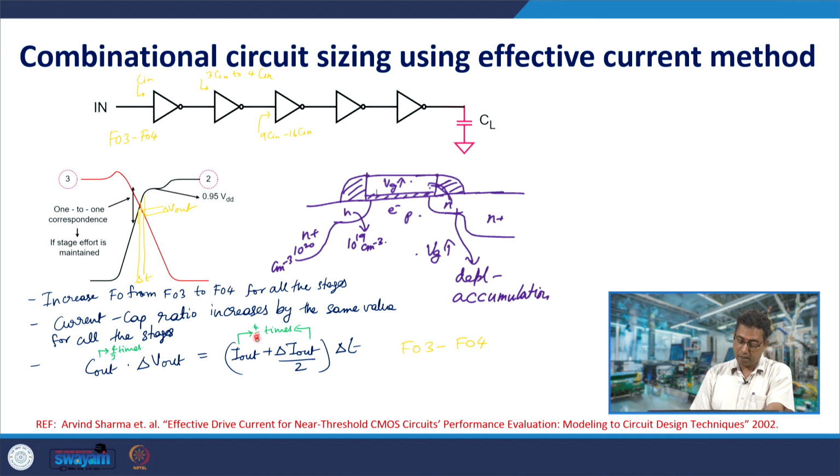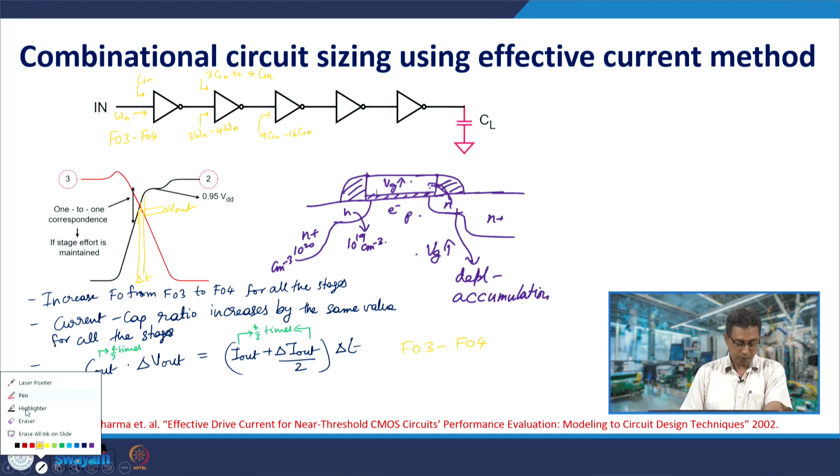And the current drive also increases, because the width is increasing. This width would increase from 3 W n to 4 W n, if this has a width W n.